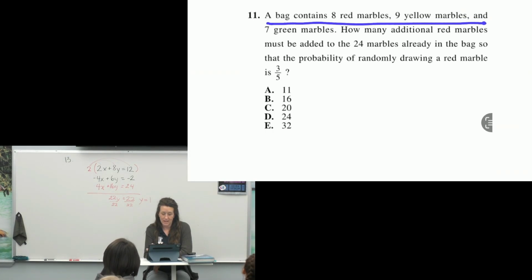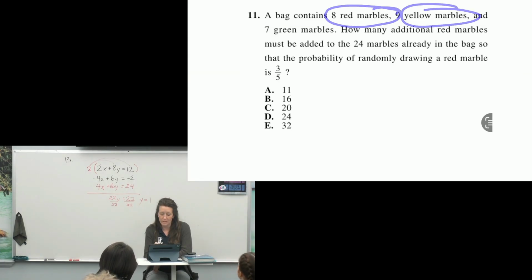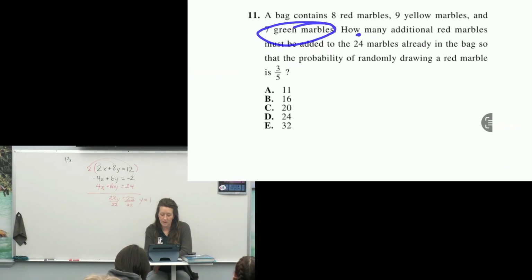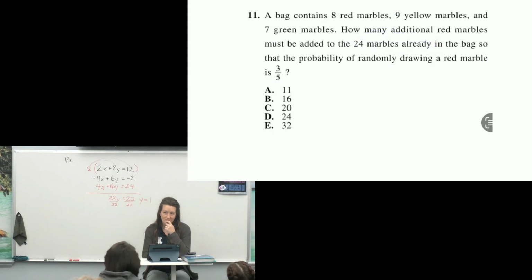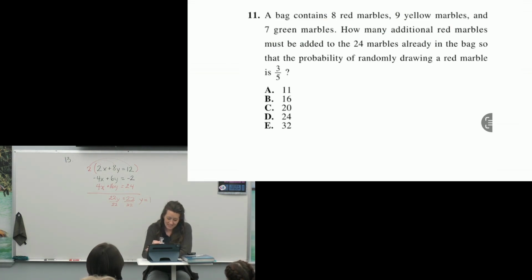A bag contains 8 red marbles, 9 yellow marbles, and 7 green marbles. How many additional red marbles must be added to the 24 marbles already in the bag so the probability of randomly drawing a red marble is 3 out of 5?